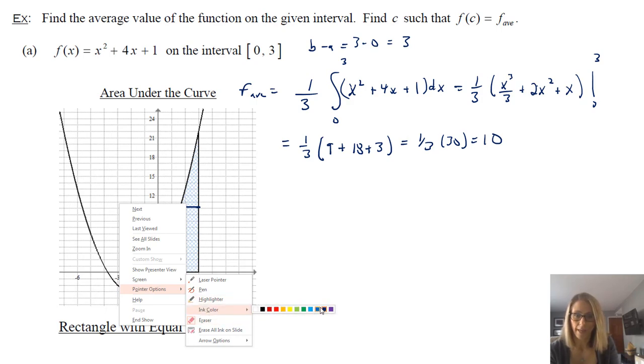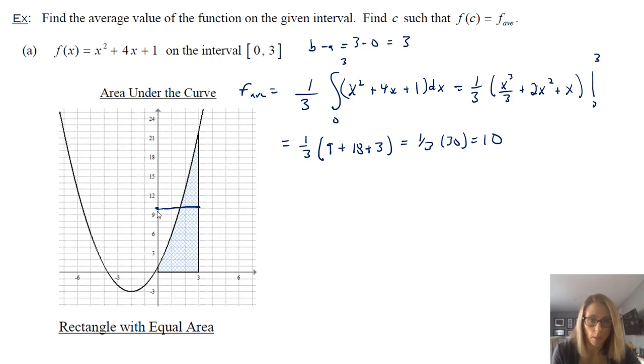I'm just trying to make it better, but it's very hard to draw a straight line on the tablet. So our answer here, the average value equals 10. That's the first part.